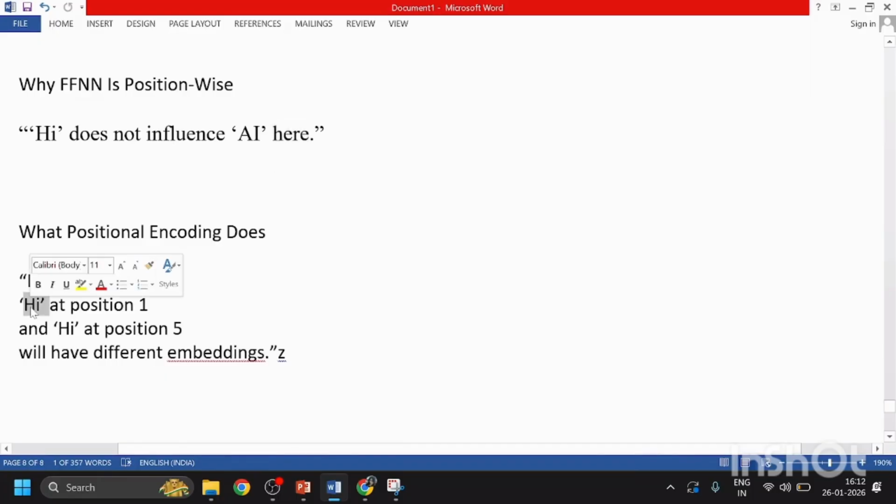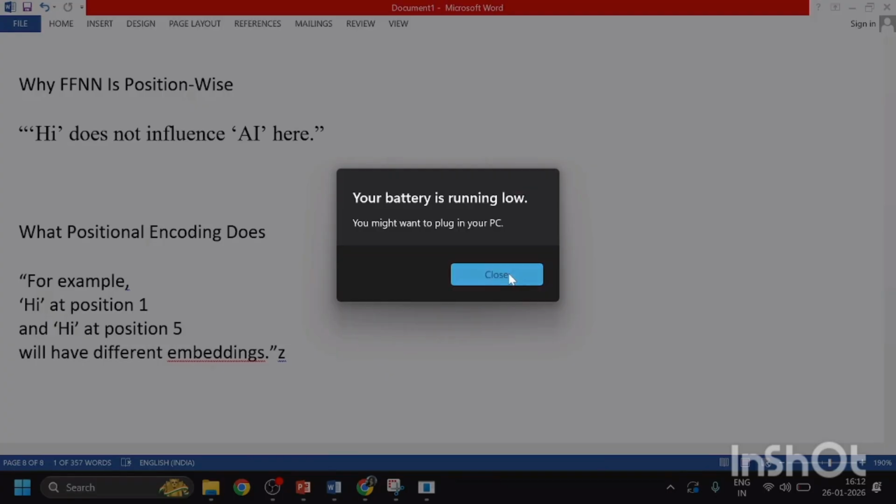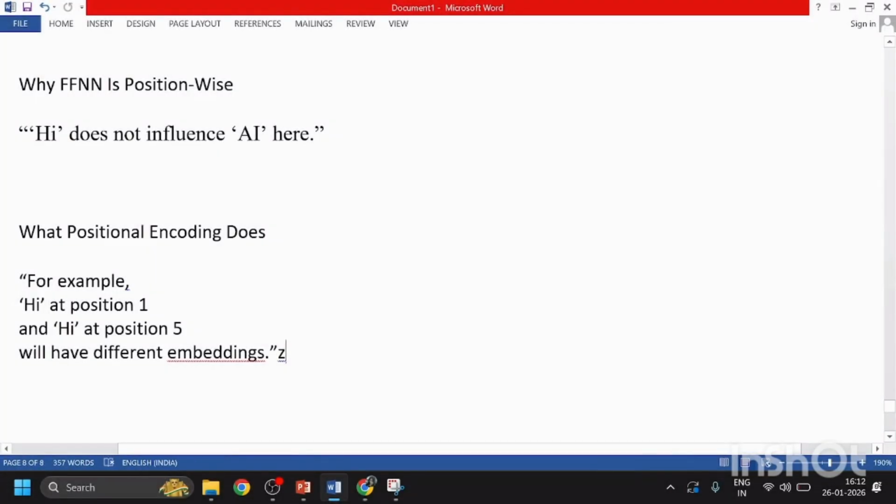For example, "high" at position 1 and "high" at position 5 will have different embeddings. So positional encoding adds the positional information to the word embedding.